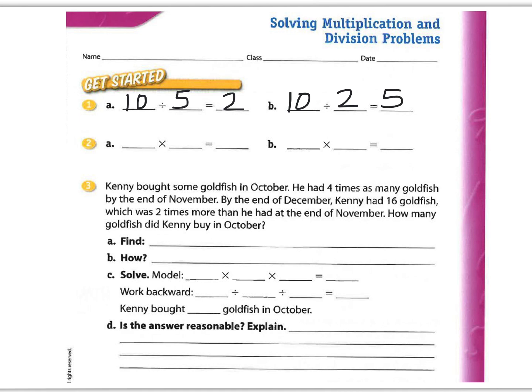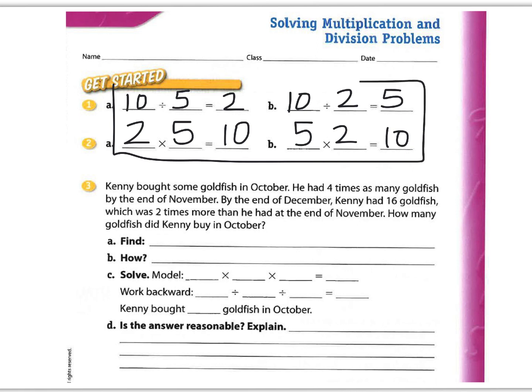So when we have multiplication and division problems, we can do fact families. And then we can look at that and do 2 times 5 equals 10, but also 5 times 2 equals 10. So all of this together is a fact family. So if you know parts of it, you can figure out other parts of the problem.